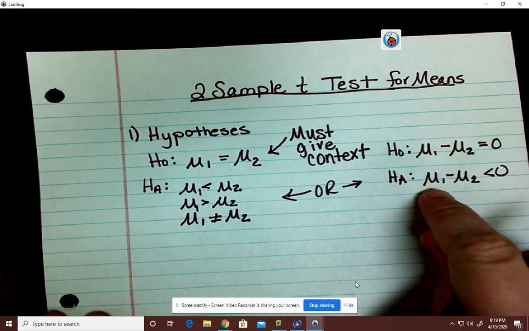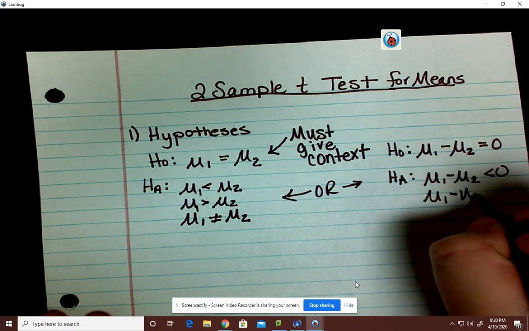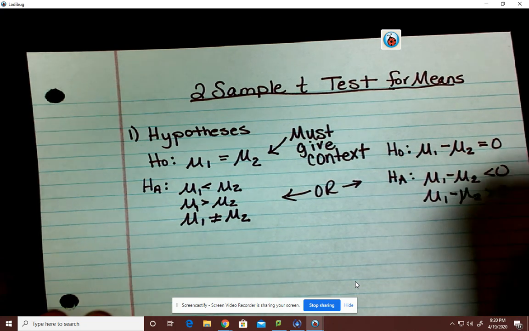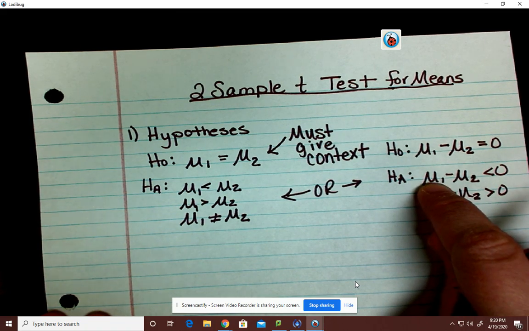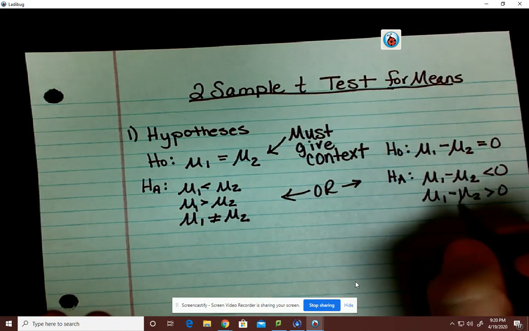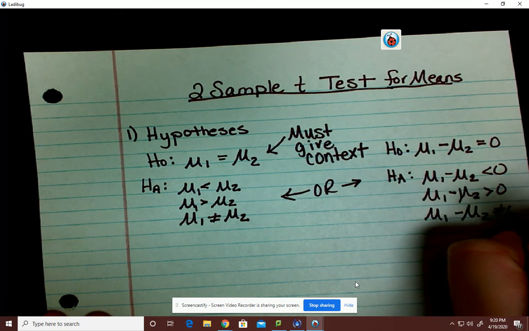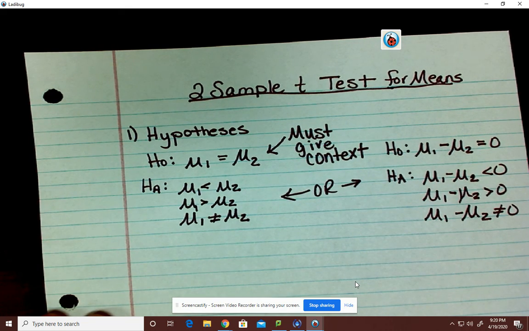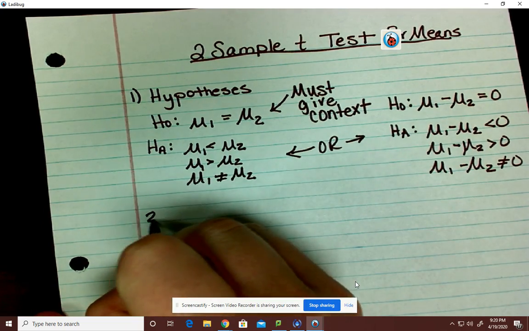That means mu1 is smaller than mu2. Or it's greater than 0. This one means that it's greater than this one. Or you could just say that the difference does not equal 0. This is the way you'll see me write them on the examples.